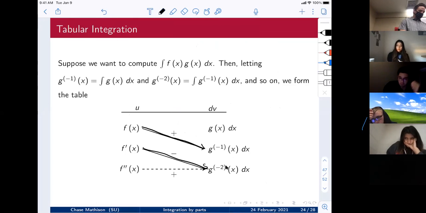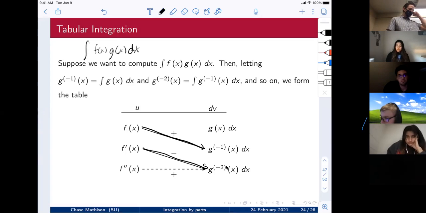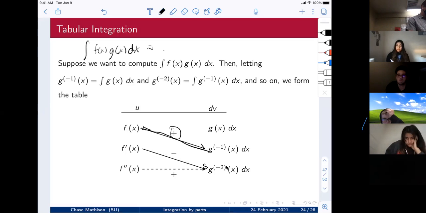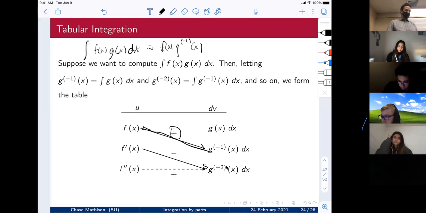How you read this table off is, if I want to do the integral of f of x times g of x dx, then this table tells me if you do repeated integration by parts, you'll get, well, this solid line means just multiply and have that sign in front of it. So you're going to get f of x times this antiderivative of g. Then next, I multiply this by this, and I have a minus in front of it.